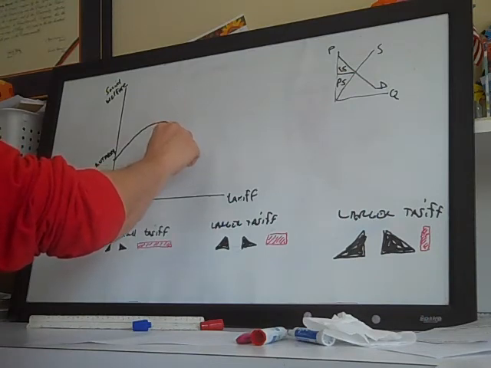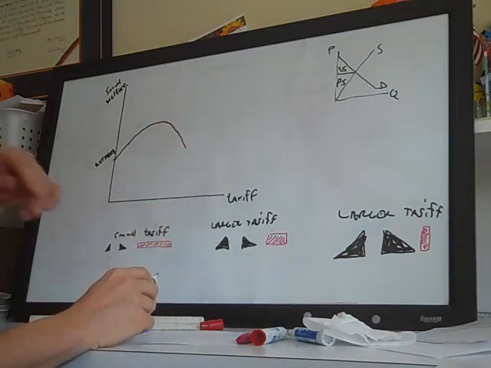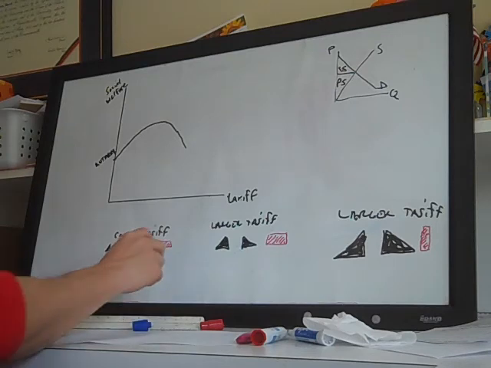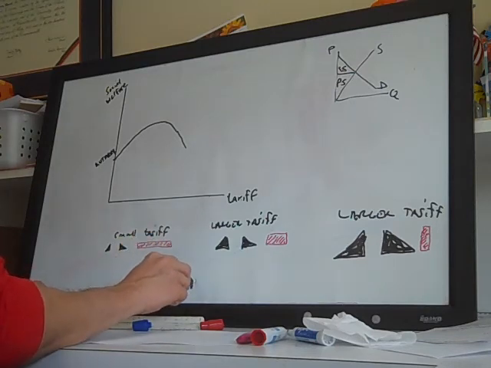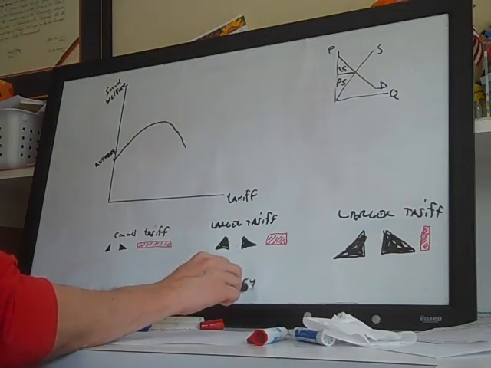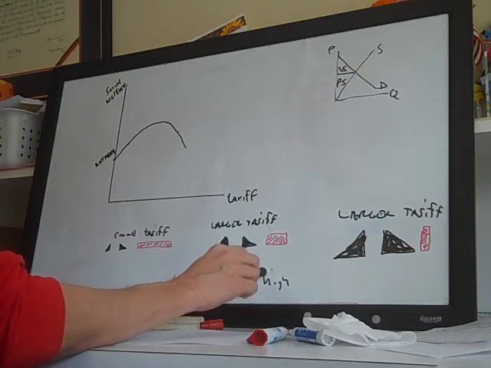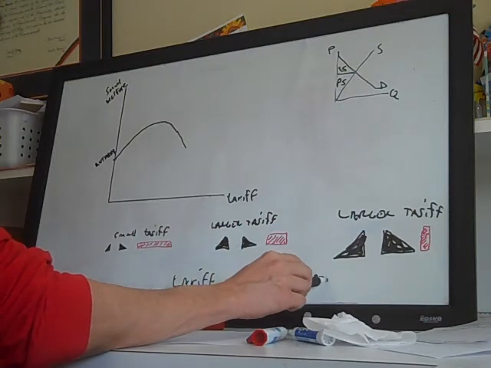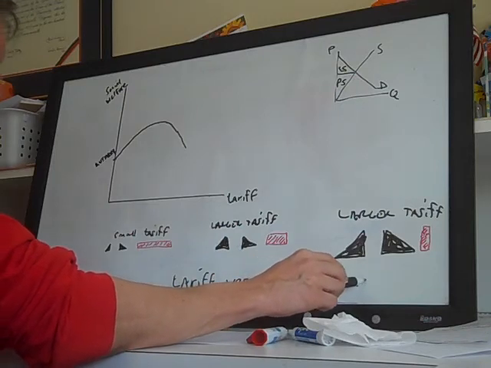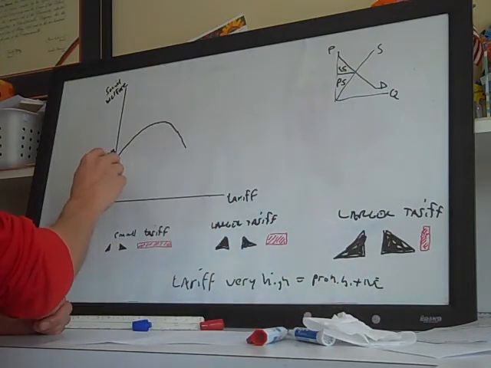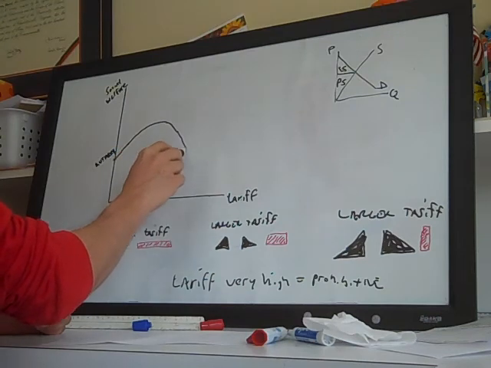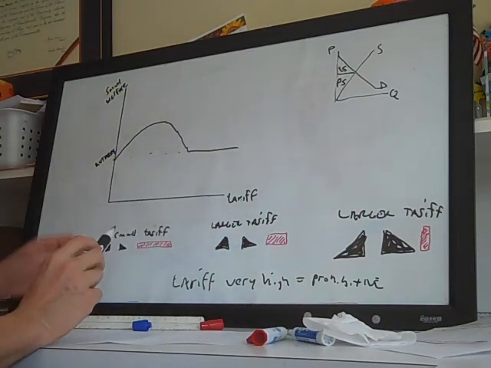So this starts to come down again, and then at some point when the tariff gets high enough, if the tariff becomes significantly high, then we would call that tariff prohibitive. And if we get to a prohibitive tariff, then we return to a level of autarky social welfare.